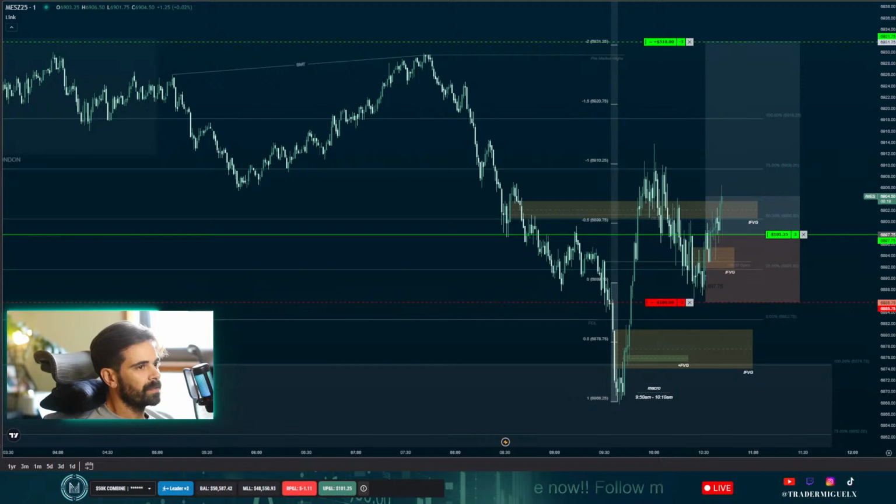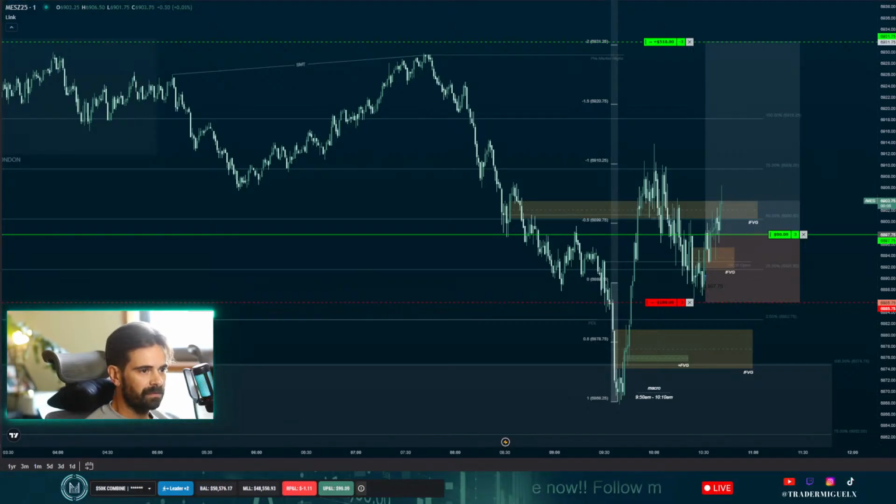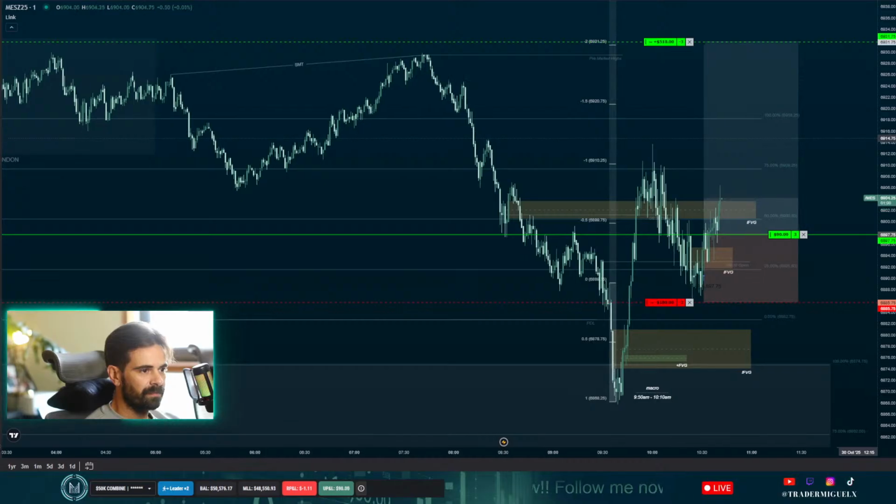Looking at the 15 minutes, doesn't seem bad. But I wish NQ had a better 15-minute chart and a better 15-minute candle. It would definitely help.